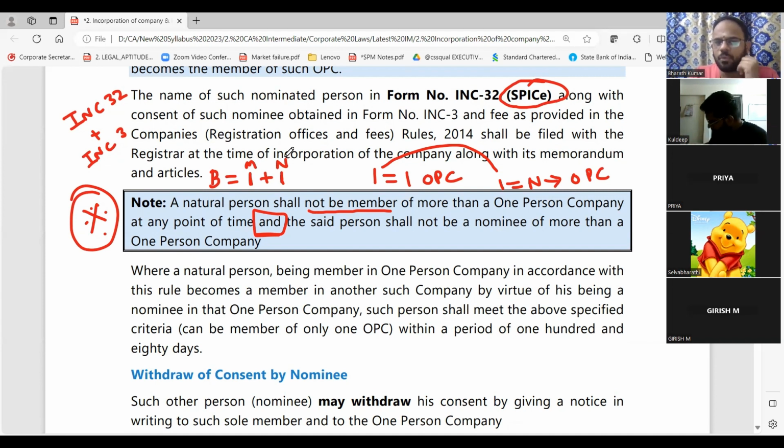And the said person means what? I am the same person. They will ask this in the exam. Member, I can be, nominee, I can be. I cannot be more than one nominee. I cannot be more than one member. That's all. 1 plus 1, done.